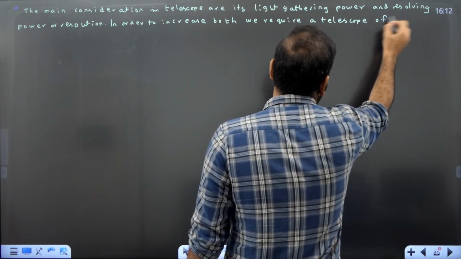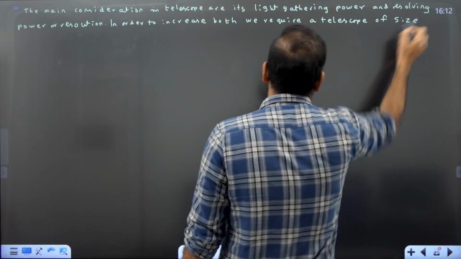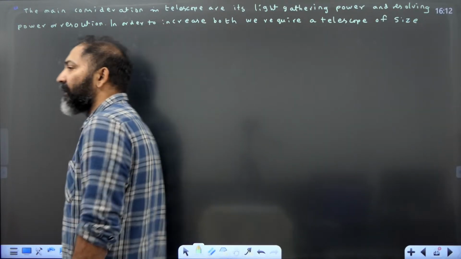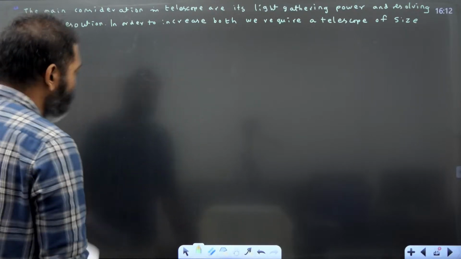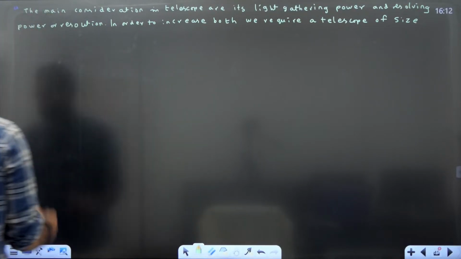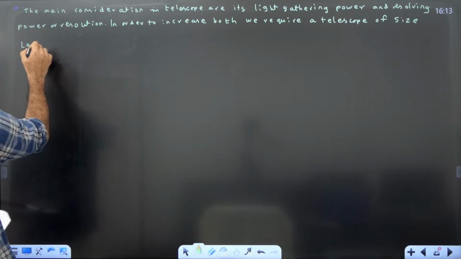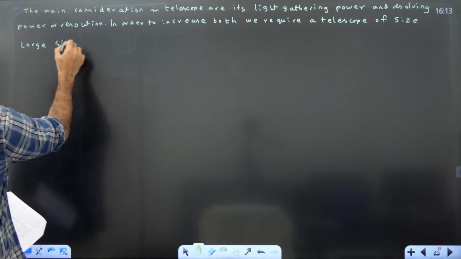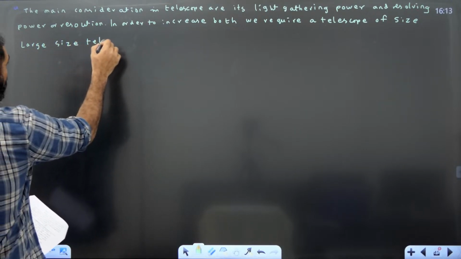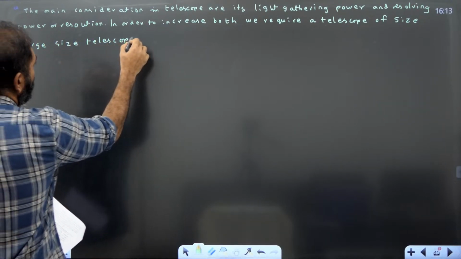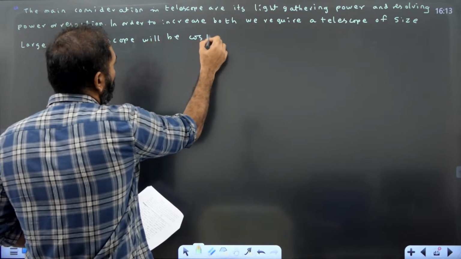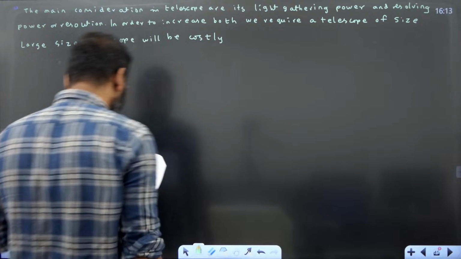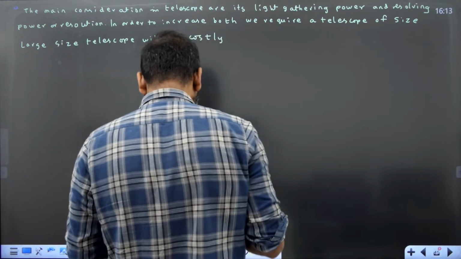So in order to increase what? In order to increase light gathering power and resolution, we require a telescope of large size. A large size telescope will be costly. So we have to spend more money for a large size telescope.